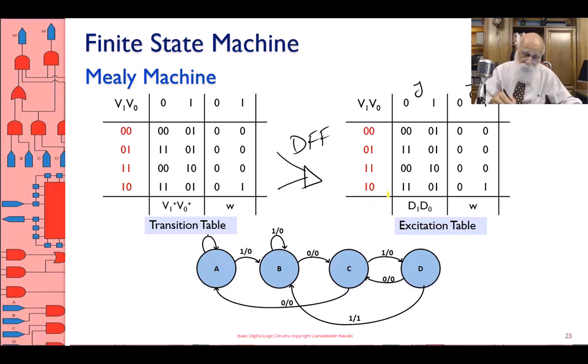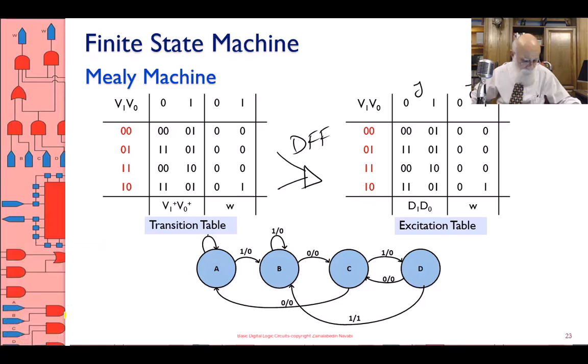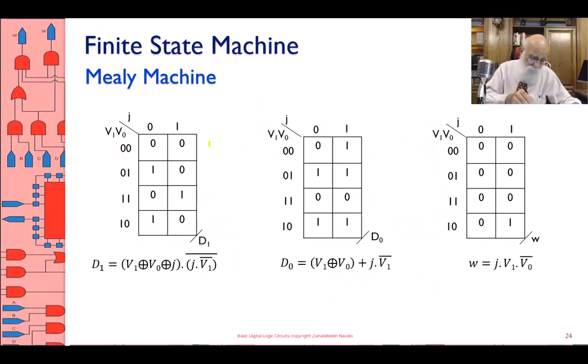So what I'm really doing is I'm taking this as one Karnaugh map, which is D1.